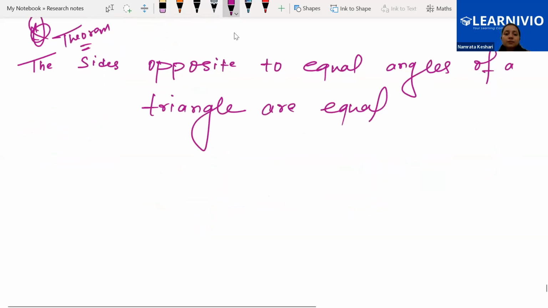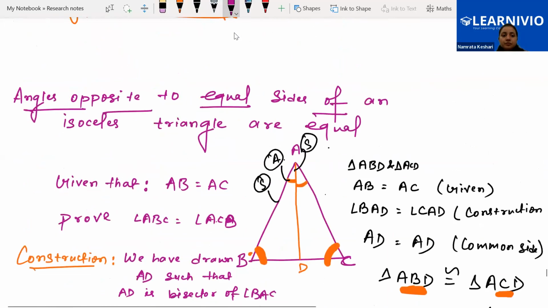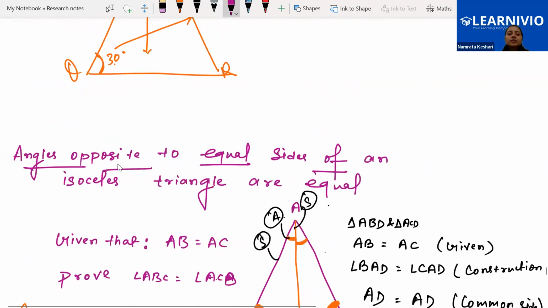Let's try doing so. Whenever a statement is given, please don't get confused about what is given and what to prove. For your clarity, let me show you. Here it is written: prove that angles opposite to equal sides of an isosceles triangle are equal.